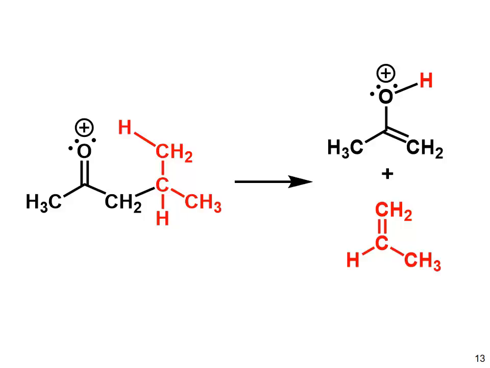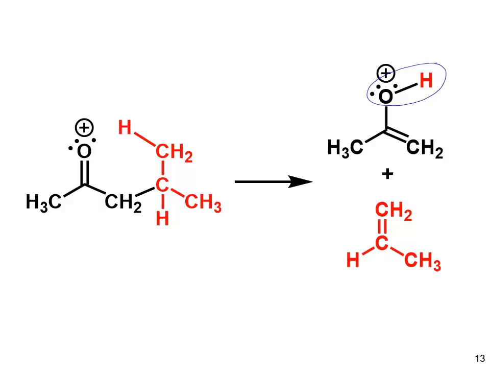In order to draw this mechanism, you could start anywhere on the radical cation, but I think it just makes sense to start on the lone electron that was created during the ionization. And we know that we need to form this OH bond in the product here, so we need to involve a hydrogen abstraction reaction involving the oxygen and this hydrogen.